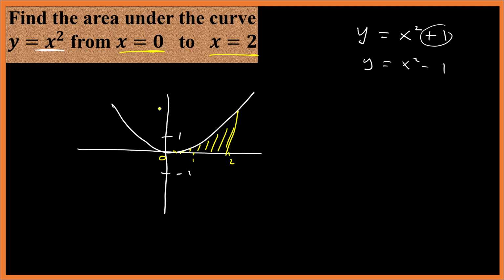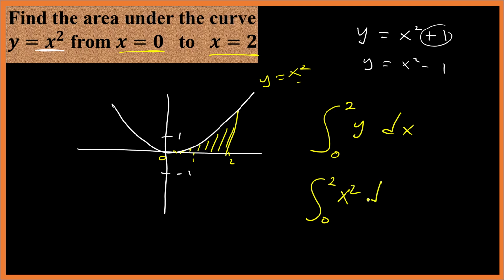Since this is a typical application of definite integral, we start from here: integral of, the limits 0 to 2, and y equals x squared, so we have y dx. Since y is x squared, we take our definite integral, we have x squared dx.